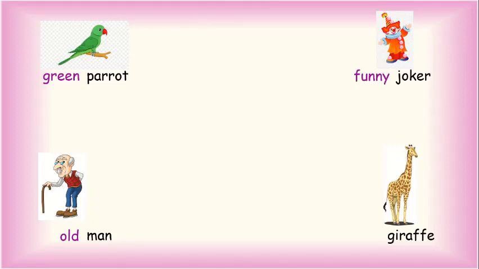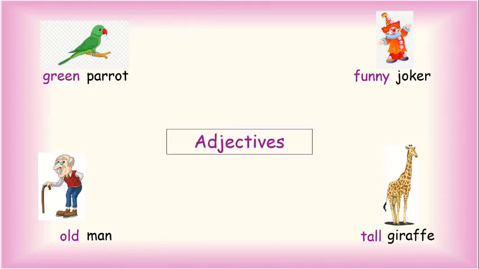Yes, that's right. Giraffe is a tall animal. So let's say tall giraffe. So here parrot, joker, man and giraffe are naming words. And green, funny, old and tall are adjectives.